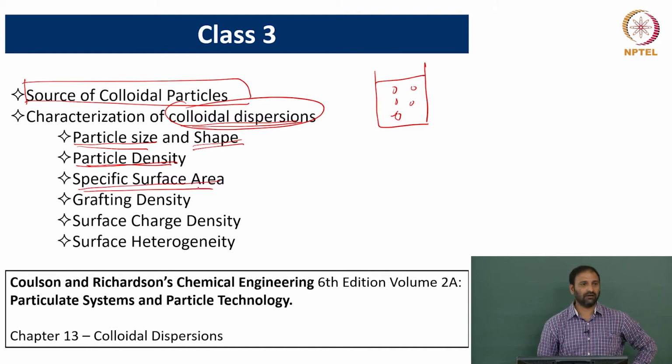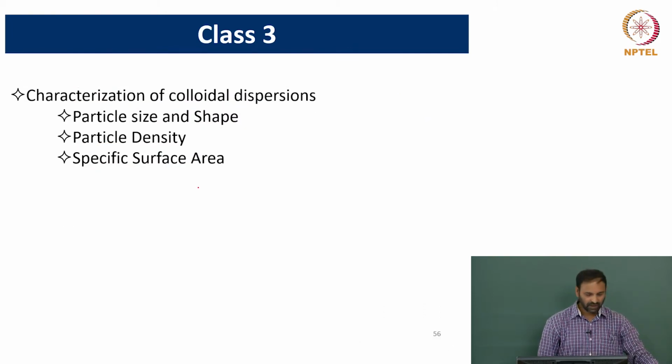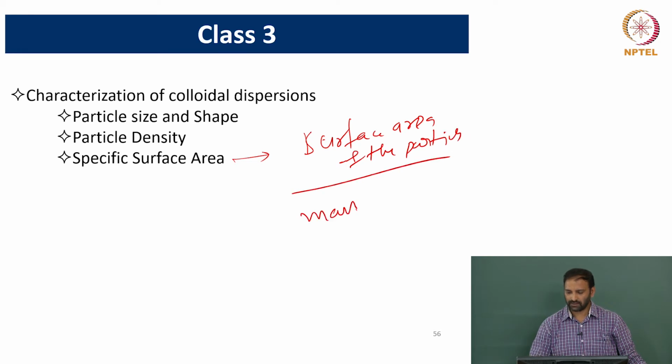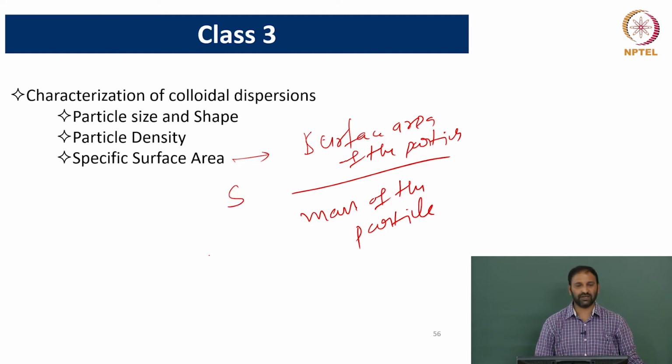Specific surface area, which is essentially defined as the surface area of the particle divided by the mass of the particle. That is your specific surface area, or if you want to call it that, specific surface area.